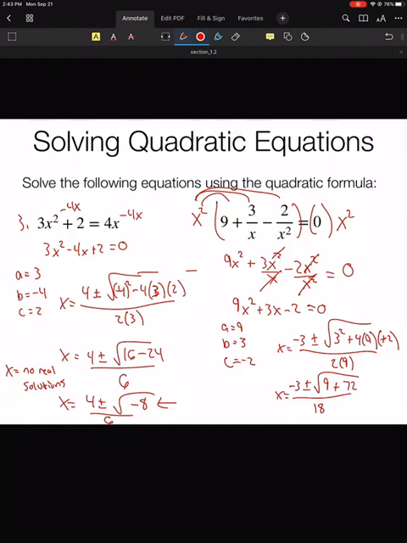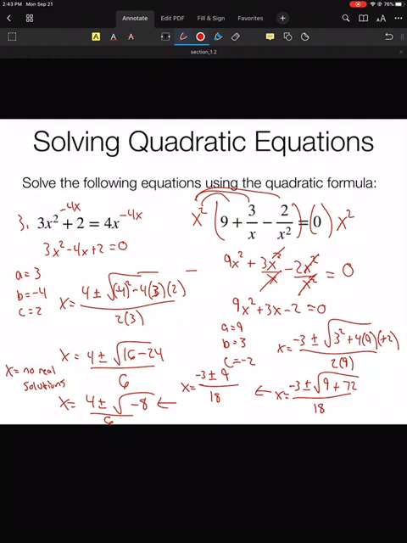And again, remember that this is x equals. Okay, 9 plus 72 is 81. Okay, and it turns out that the square root of 81 is 9. So we have, if we move this way, that x equals negative 3 plus or minus 9 over 18.